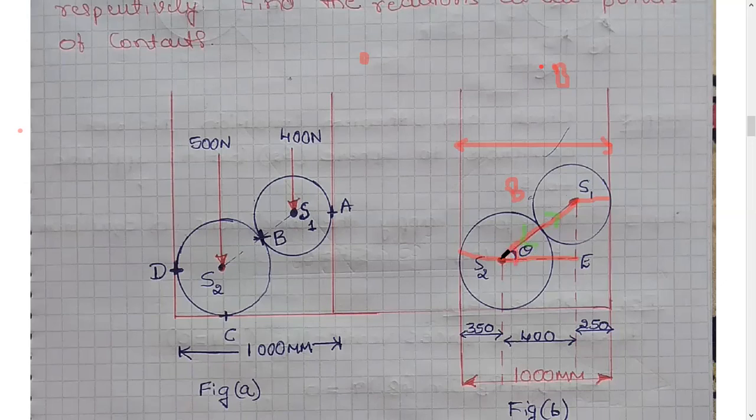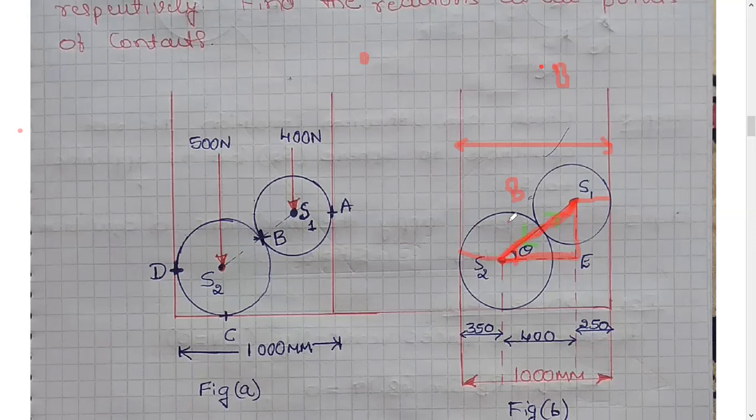How to find this theta? Draw a horizontal line, and an inclined line joining both the centers, right? And also form a right-angled triangle here. To calculate the theta, I have to know at least two sides. I know that this is the hypotenuse, which is equal to the radius of the two spheres.